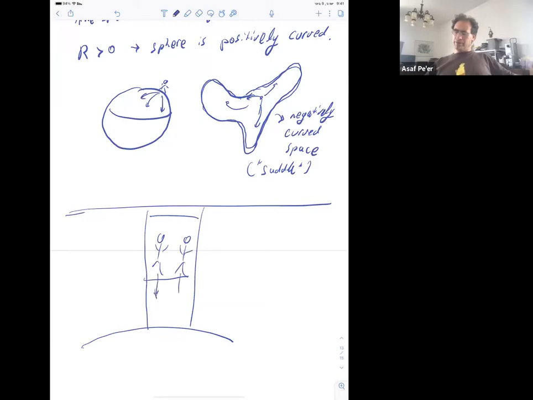But to a second order, they actually do have a way of measuring the fact that they are falling. What was the second order effect?